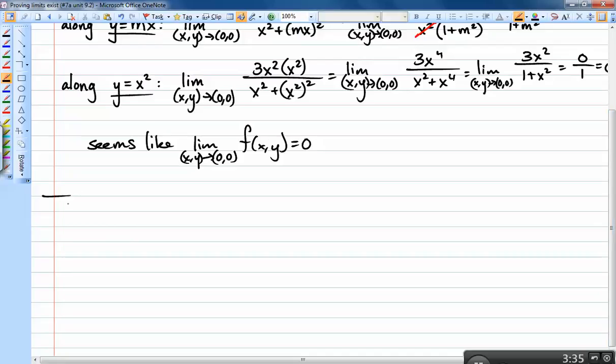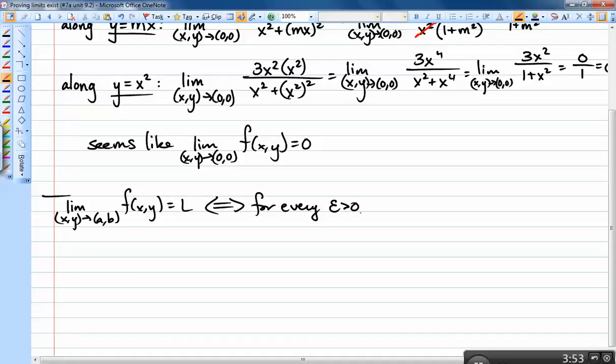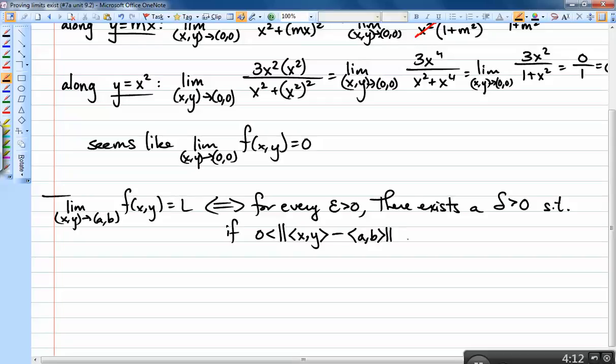The formal definition says that if the limit as (x,y) goes to (a,b) of f of (x,y) equals L, that's the same thing as saying for every epsilon greater than 0, there exists a delta greater than 0 such that if 0 is less than the distance between (x,y) and (a,b) is less than delta, then f of (x,y) and L are going to be within epsilon units of each other.